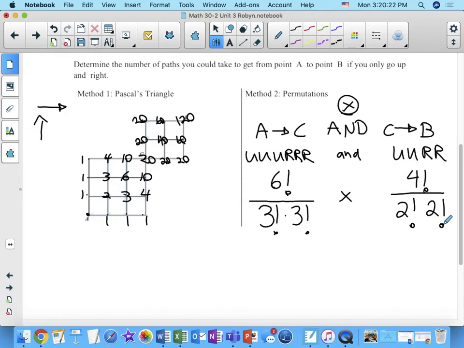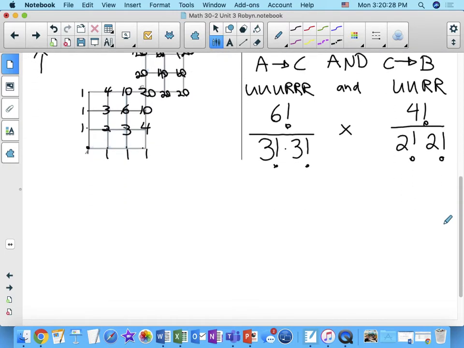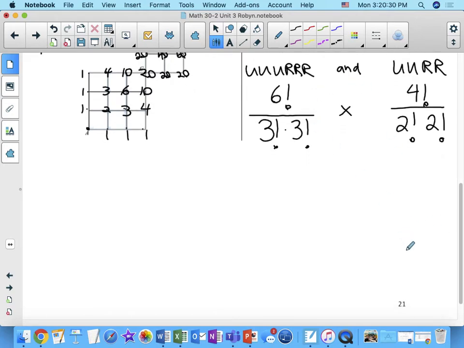Now, 6 factorial over 3 factorial times 3 factorial. Again, you could totally just enter this into your calculator. I love just canceling stuff, so I'm not going to do that. And the more you write these out, you'll just be able to cancel some of this stuff in your head. So firstly, the 3 times 2 times 1 cancels.